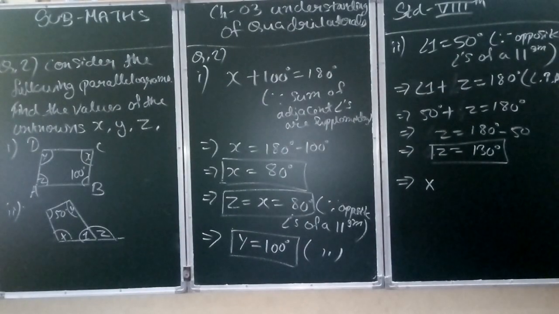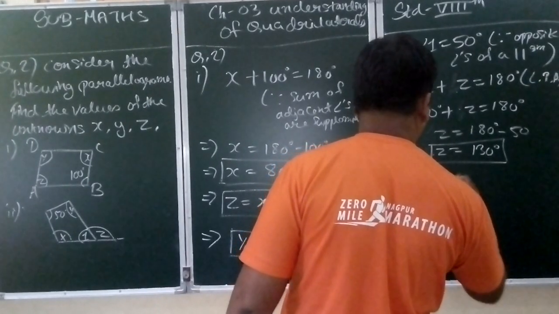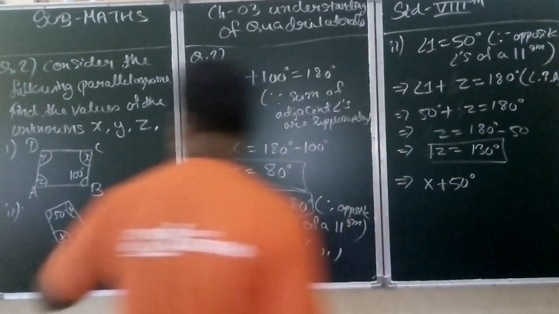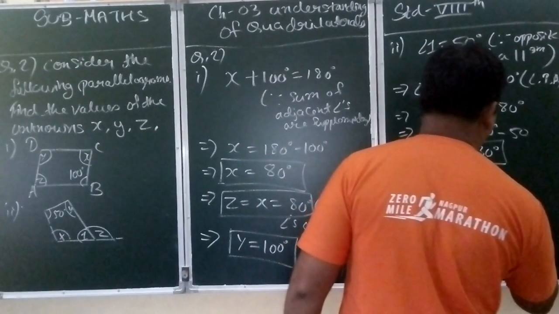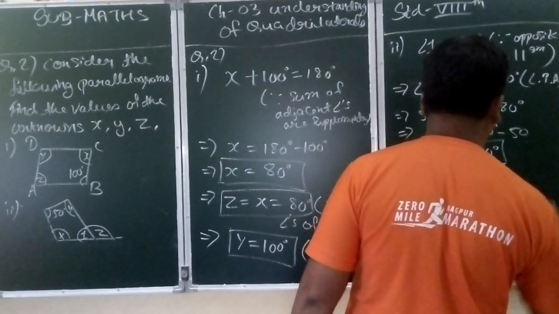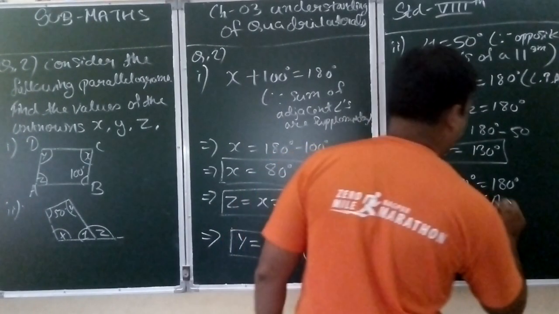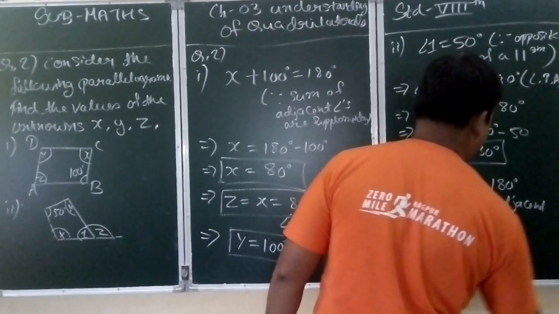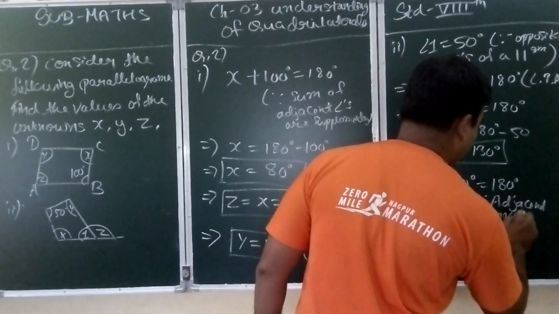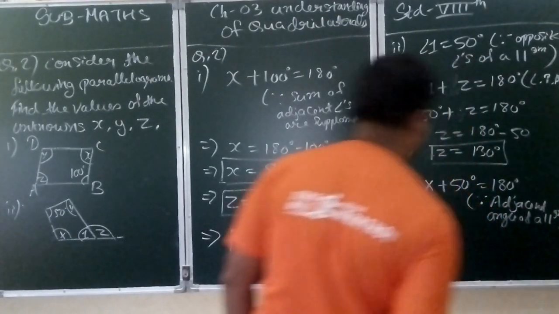Okay, x plus 50 degree, x plus 50 degree are adjacent angles of a parallelogram. 150 degree, adjacent angles of a parallelogram.